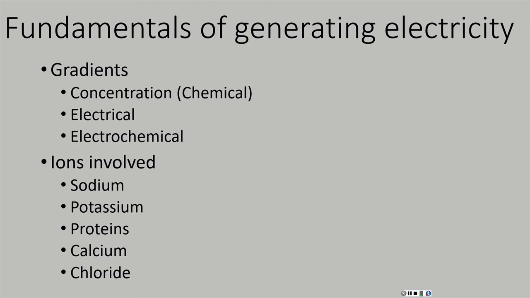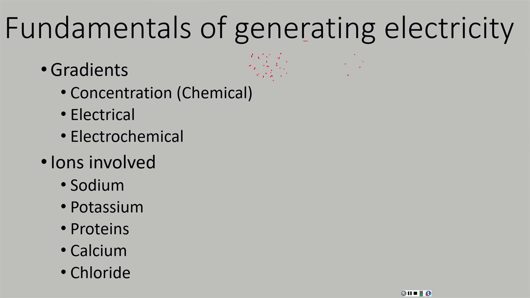And concentration gradients or chemical gradients just means there is more of something in one area, less of something in another area. So let's just say there's a whole lot of red dots in this area, but only a few red dots in this area. Well, there is a concentration gradient or a chemical gradient.